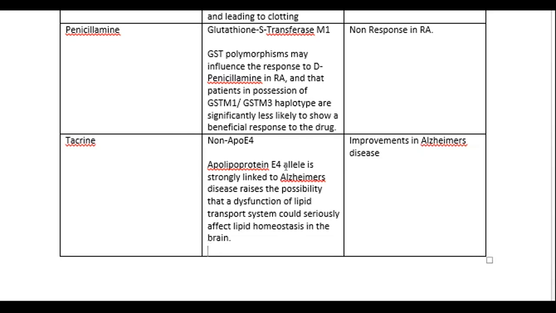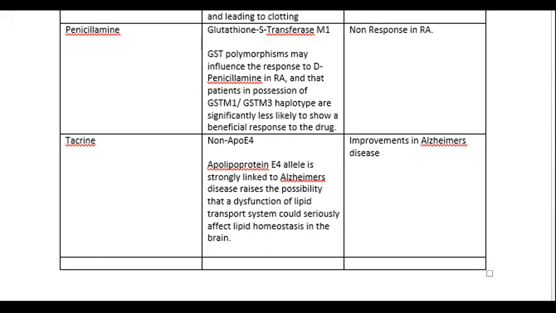Then we can see there is an improvement in Alzheimer's disease, where this tacrin acts in combination or in association with these apolipoproteins. Or like this tacrin is being influenced by these apolipoproteins.